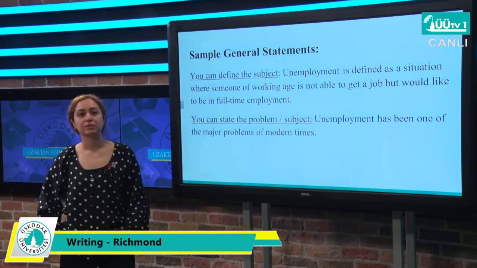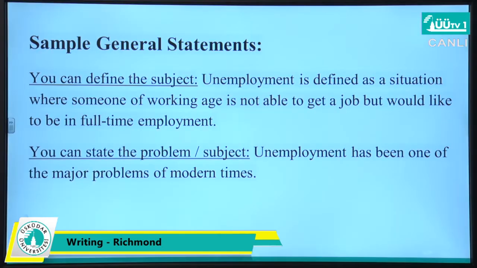Let's see some sample general statements. There are several ways to write a general statement. Let's look at the first way. You can define the subject. Let's look at our example sentence. Here our topic is unemployment.